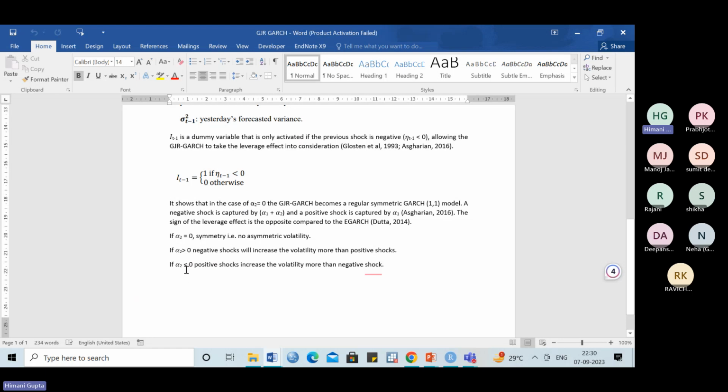And if your gamma is less than 0, positive shocks will increase the volatility more than your negative shocks. So GJR GARCH and your EGARCH volatility, this leverage effect gives you the opposite result. Got it?